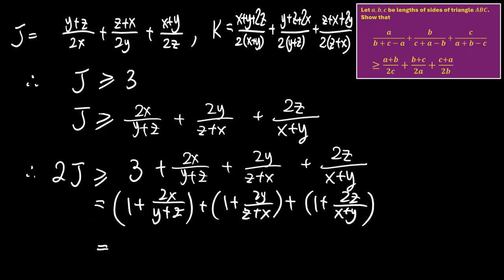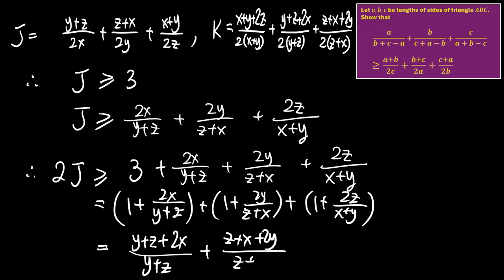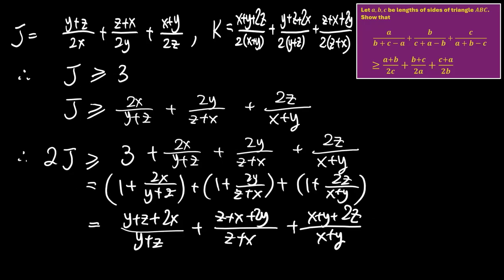Therefore, this will be (y plus z plus 2x) over (y plus z), (z plus x plus 2y) over (z plus x), and (x plus y plus 2z) over (x plus y). Now we divide both sides by 2, and we have J is greater than or equal to K.